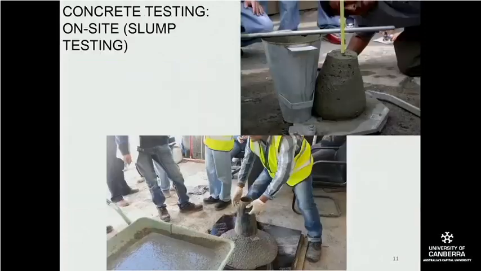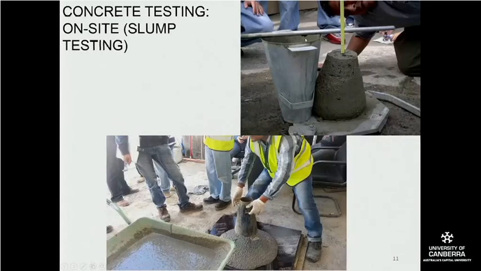So the way you test concrete on site is through a slump test. All right. Now that means that you have a standard size cone, which you fill up with the concrete that comes out of the truck. You turn the cone upside down, and then the resultant lump will settle a little bit.